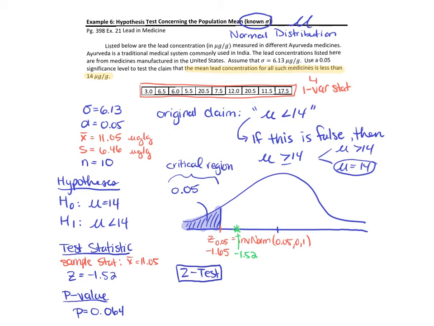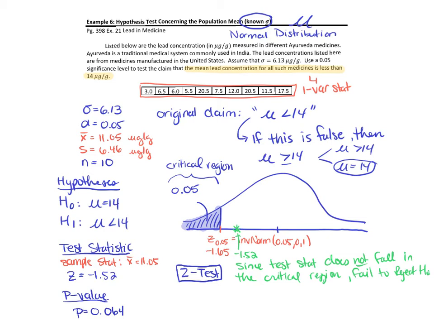So we would conclude that since our test statistic does not fall in the critical region, we are going to fail to reject the null hypothesis. If you're using the critical value method, that is the conclusion you would make.